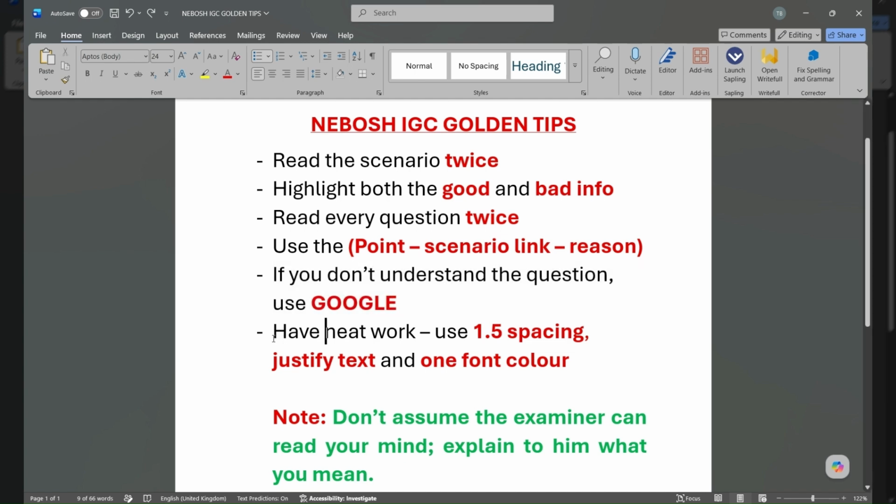Tip number 6, present your work professionally. Make your answers neat and easy to read. Use clear formatting, appropriate spacing such as 1.5 line spacing. Justify your work where possible and maintain consistency by using one font color, black, throughout your submission.